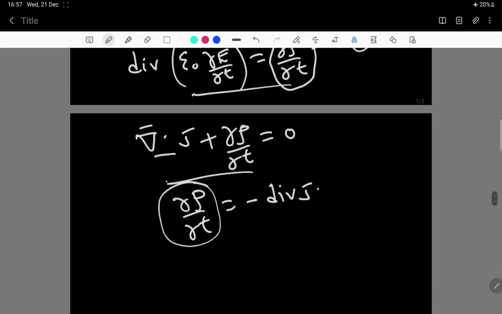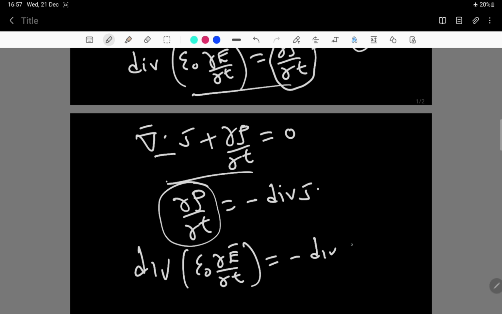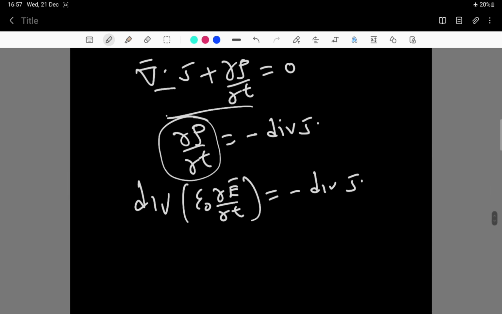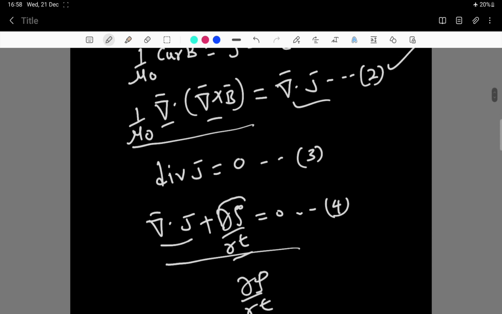Therefore we have divergence of epsilon naught partial E partial t equals minus divergence of J. Now if you look at this one here, if we add this component to the right hand side of equation 1, look at equation 1 carefully.